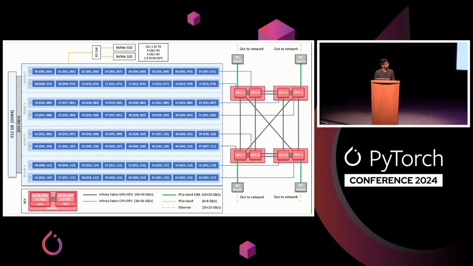To give an overview of the architecture of a single node on Frontier, it has the AMD MI250X GPUs. It technically has 4 GPUs, but what you see on the right is that it's logically presented as 8. That's because the software sees each MI250X as 2 individual GPUs because of the way the architecture shows up.